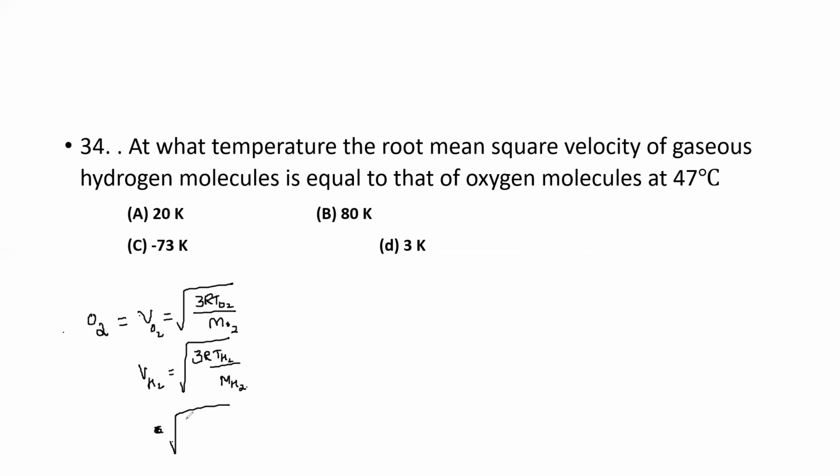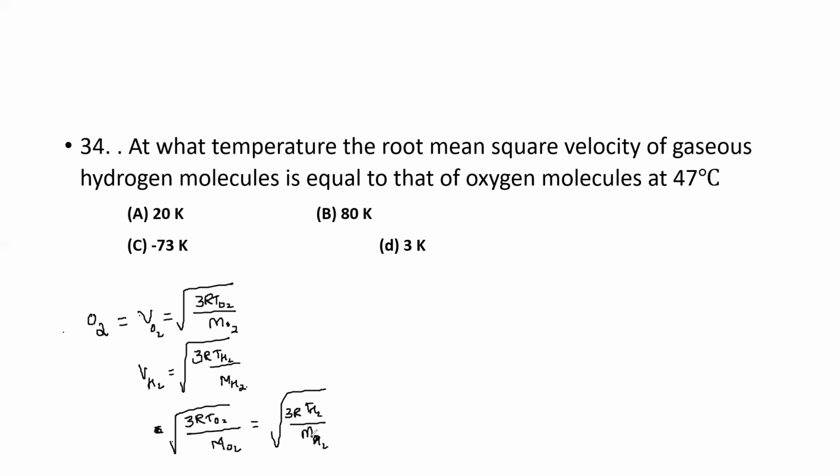According to the problem, these two are equal, which means it can be written as the square root of 3RT_O2 divided by M_O2 is equal to the square root of 3RT_H2 divided by M_H2. So what happens here?